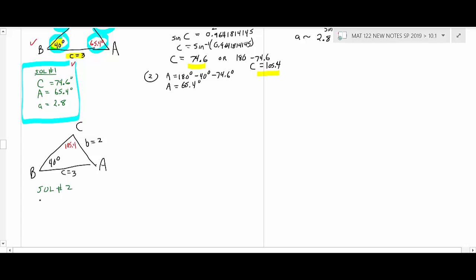So we're going to kind of record this as we go for solution 2. Okay, so what we have so far is we have C is 105.4 degrees. Okay, now what we need to do is really the first key thing we need to do is we need to find angle A. So angle A is 180 minus 40 minus the 105.4 degrees.